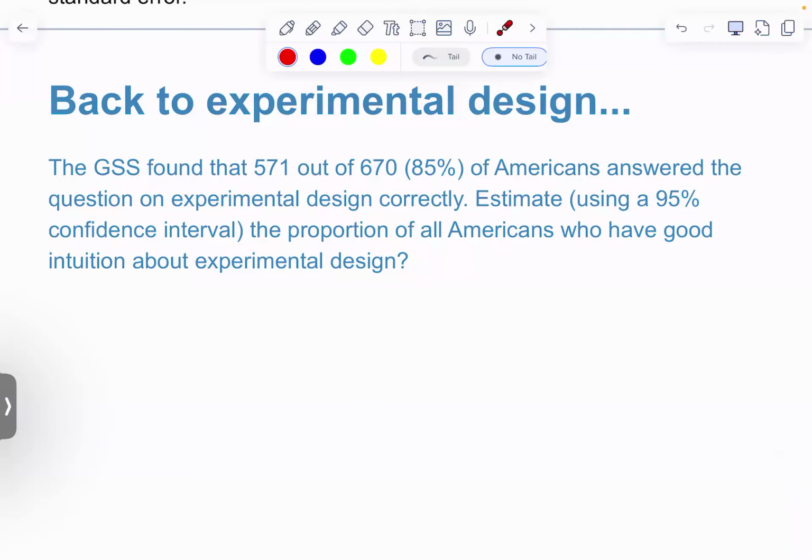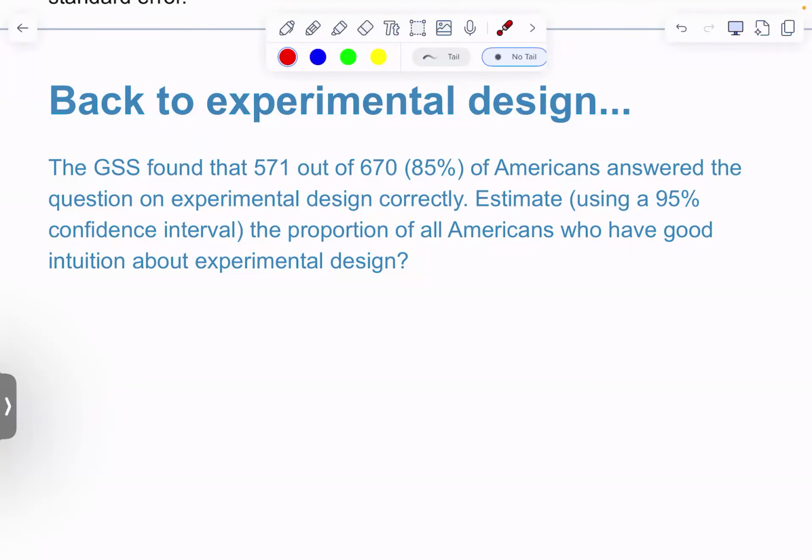So what if we want to build a 95% confidence interval? The GSS found that 571 out of 670, which we'll call 85% of Americans, answered the question on experimental design correctly. Estimate using a 95% confidence interval the proportion of all Americans who have good intuition about experimental design.